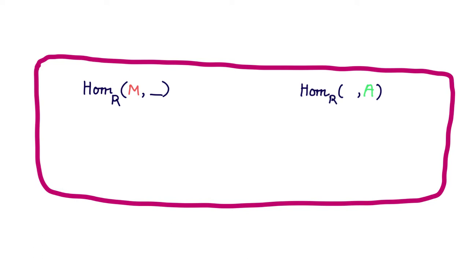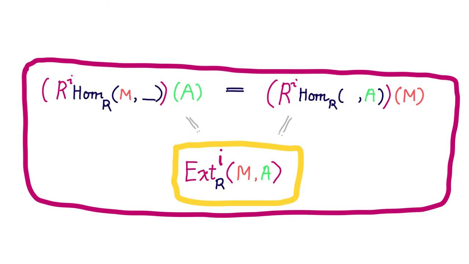Both types of Hom functors are left exact, and since the category of R-modules has enough injectives as well as projectives, we can talk about the right-derived functors of these left exact functors. It turns out that if we evaluate this right-derived functor at A, we get the same abelian group that we would get if we evaluate this right-derived functor at M. This common abelian group is denoted by Ext.